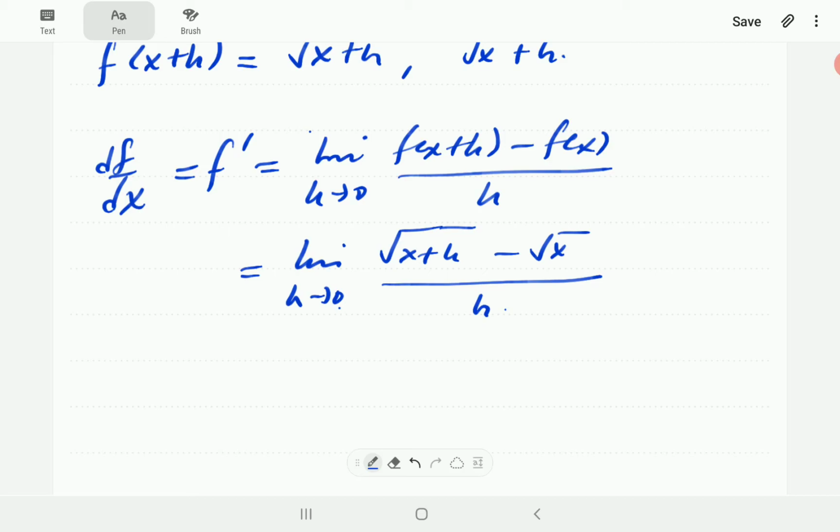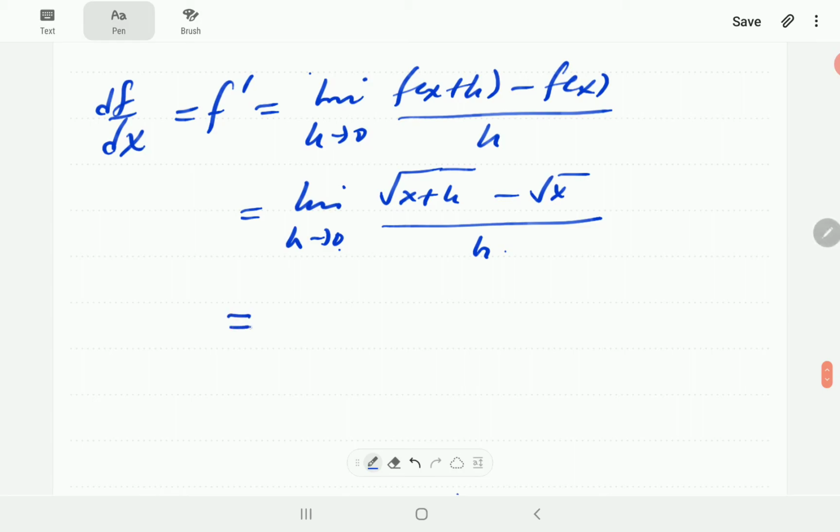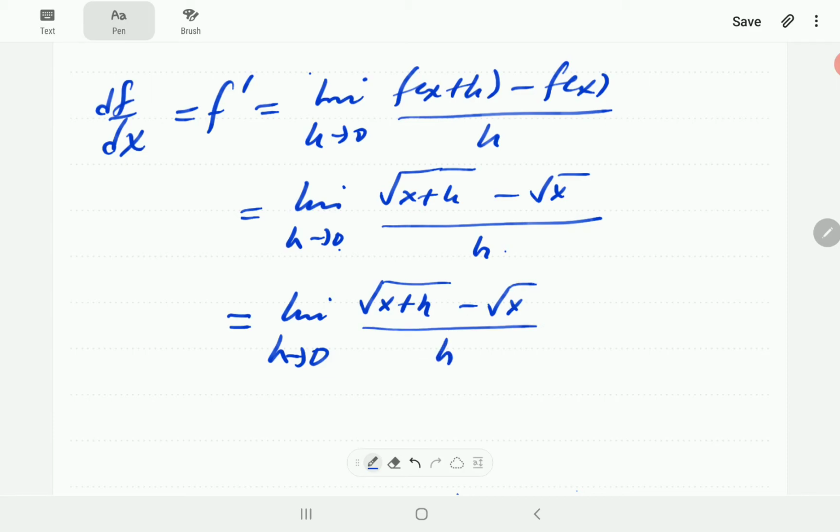Now here, if we just plug in h equals 0, we're going to get 0 over 0. Because we have got square roots here, if you check our video on limits, we mentioned that whenever you have the indeterminate form in expressions involving square roots, what we want to do is rationalize. That means doing an algebraic manipulation of the expression which gets rid of the square roots.